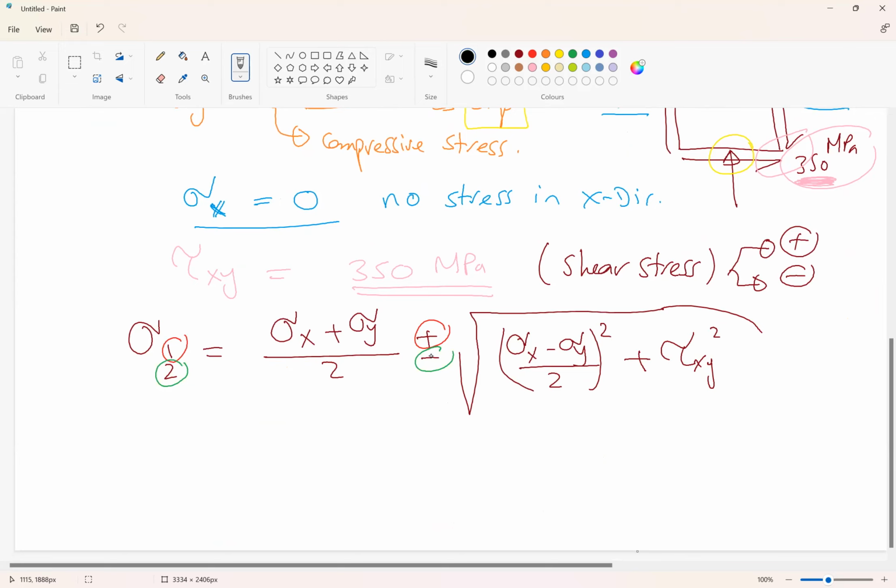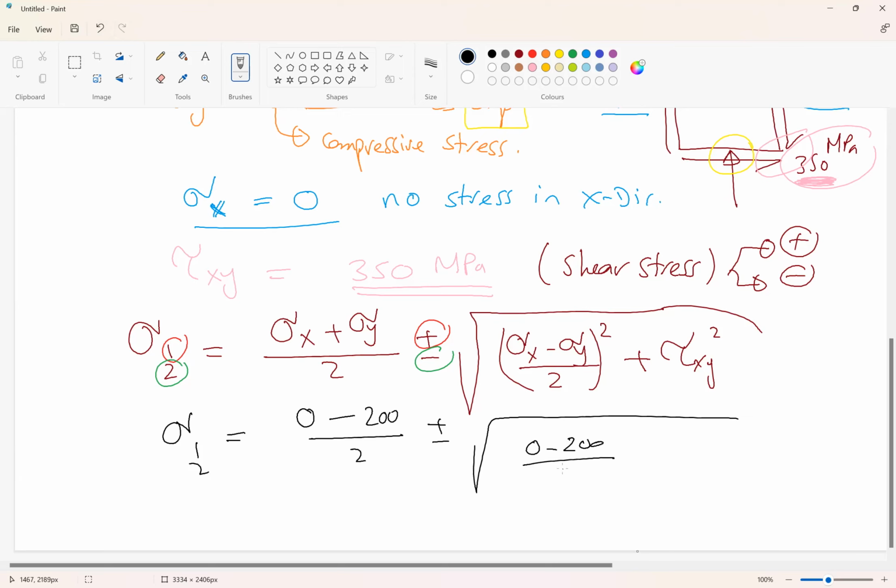So we have now sigma 1, 2 equal to 0 minus 200 over 2 plus or minus root of 0 minus negative 200 over 2, all squared, plus 350 squared.